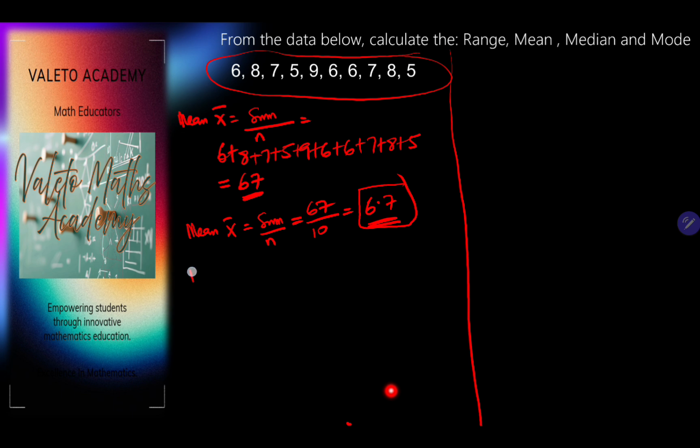The median, for an ungrouped data, is given by the middle number. So for the median of this ungrouped data, it will pay us better if we rearrange the data in ascending order, starting from the smallest to the highest number. If we are to rearrange this data, the lowest number here is 5.